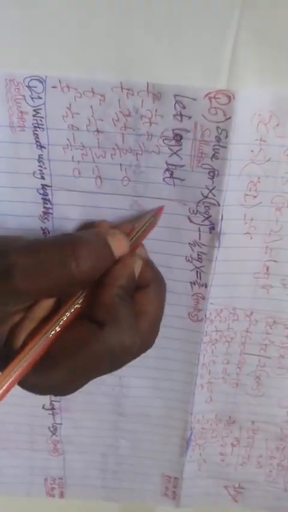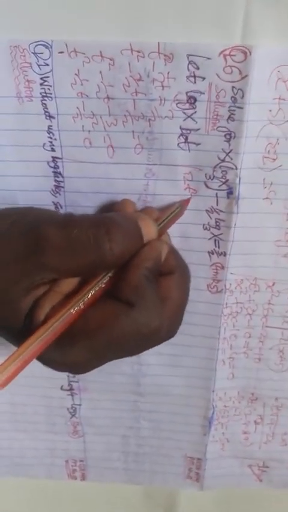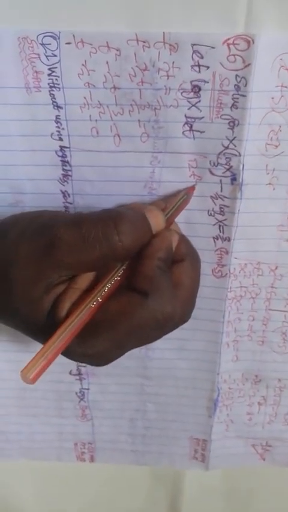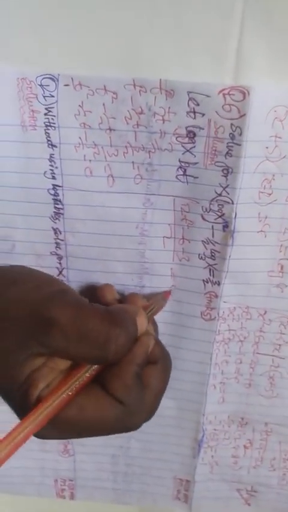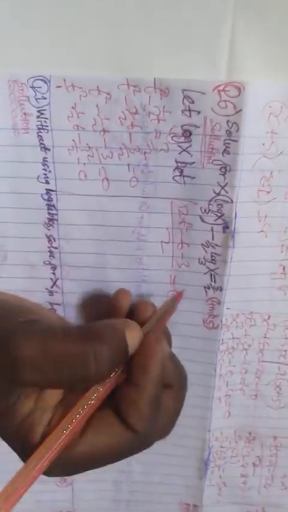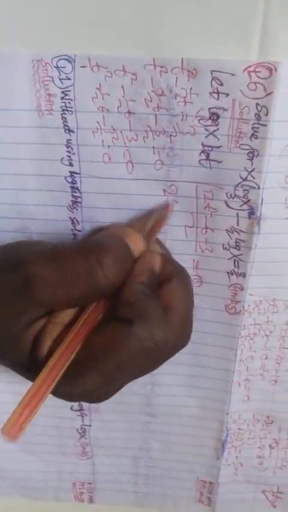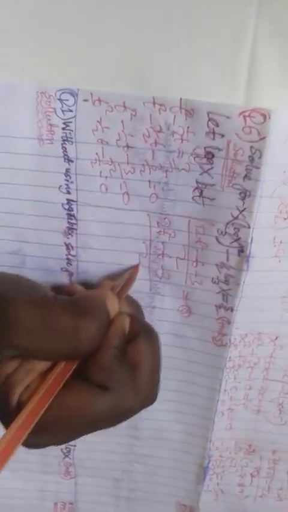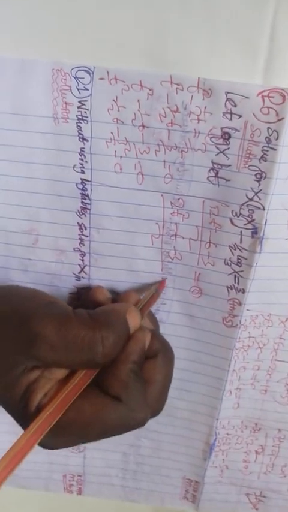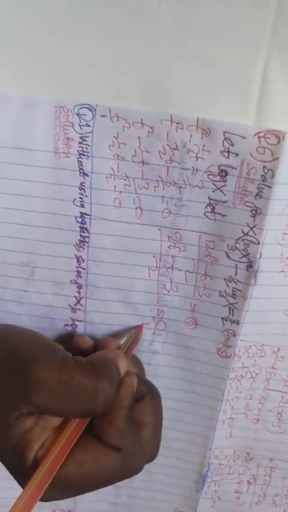Therefore, 2t squared minus t minus 3 all over 2 is equal to 0 over 1.